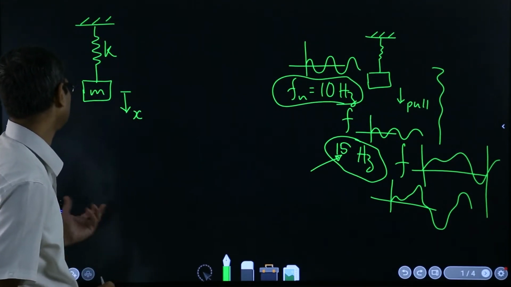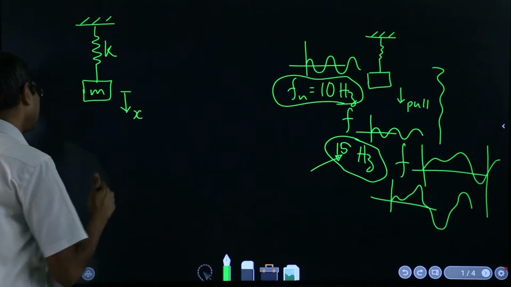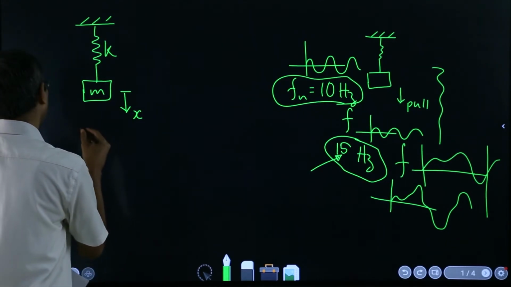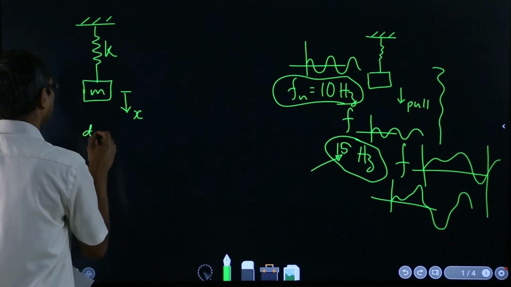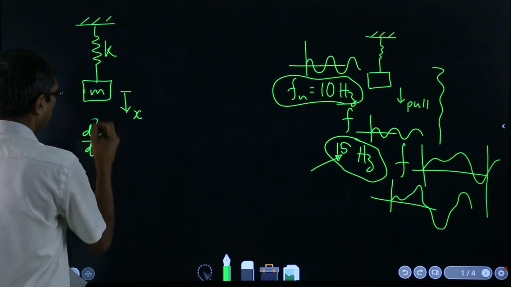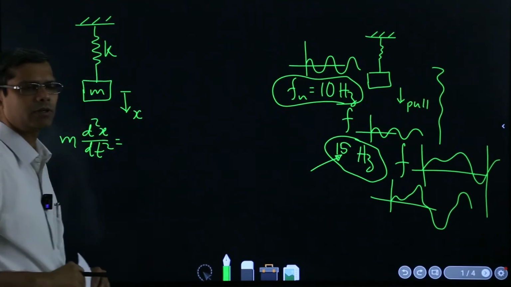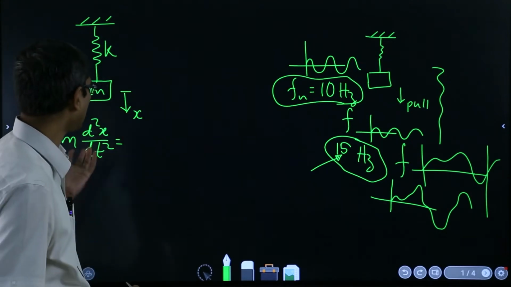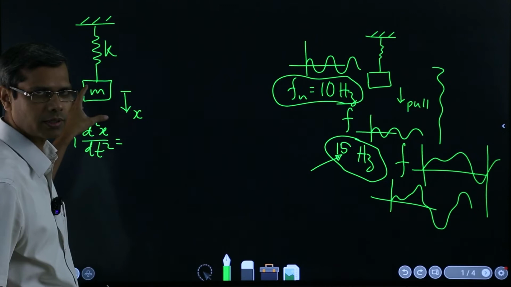Then you write the differential equation, which tells you that the acceleration d square x over dt square of this mass will be equal to the total force that comes onto this mass, right.